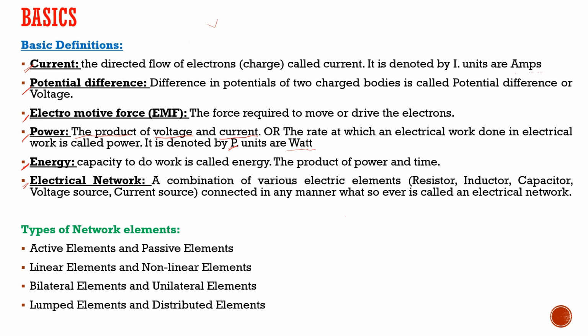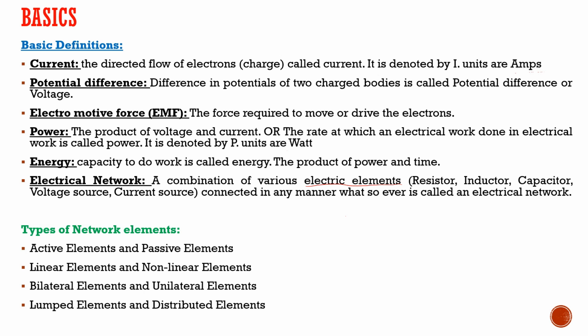Generally, sometimes we may use circuit, sometimes we may use network. What is the difference between network and circuit? Generally, network means the combination of various electrical elements. There will be a lot of electrical elements, and we will see how the classifications of electrical elements are in the next minute.